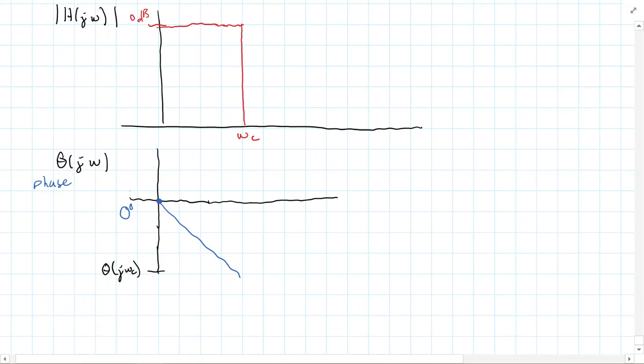Now, the other thing I want to point out about what I've drawn here is that the frequency axis is log scale, and so this is log scale as well. So for instance, if we're doing log scale, this might be 10, 100, 1000, 10,000, and so on.